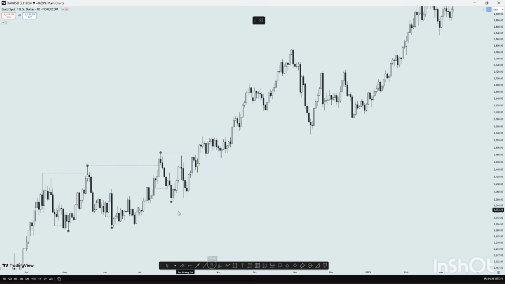So if you look at similar things here, there was an internal break, then a pullback. After the internal break, the market attacked the point of interest, and from there we saw a bullish move. If we look at this expansion, it was almost 160 to 170 pips.